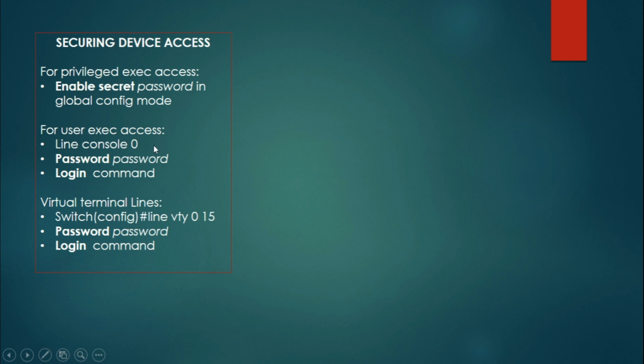For user exec access, we have line console 0, password, and login. By using the command line console 0, you can type a password and login and set it in your configuration mode.